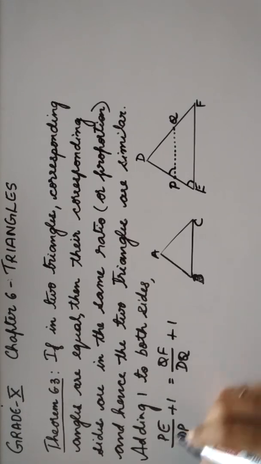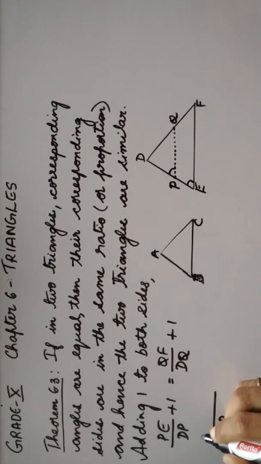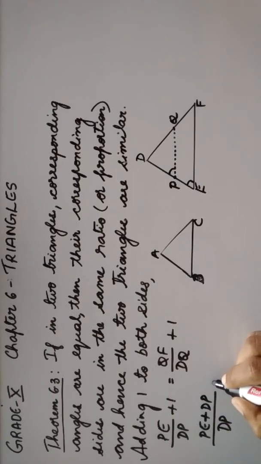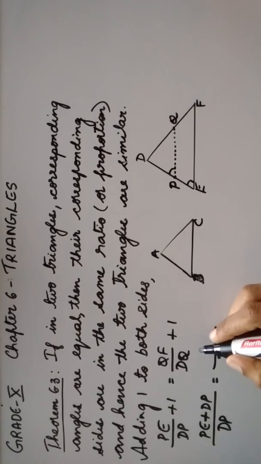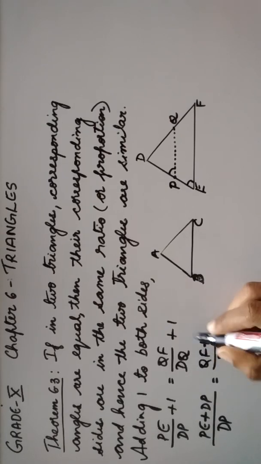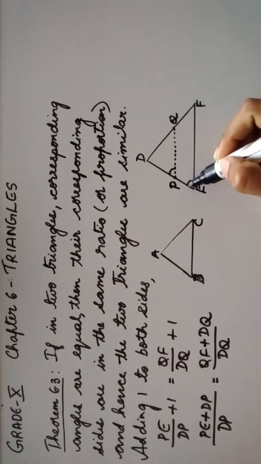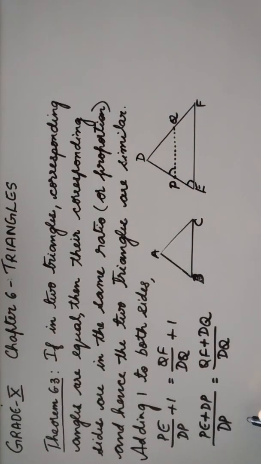Now, using the LCM method, we get PE plus DP by DP, which is equal to QF plus DQ by DQ. Now, what is PE plus DP? It is DE.